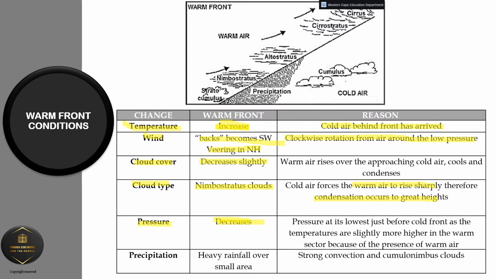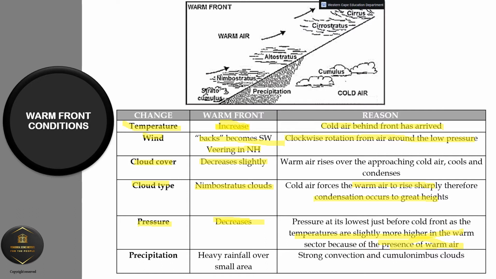And why does pressure decrease? Simply because our pressure is at its lowest because our temperatures are slightly higher in the warm sector because of the presence of warm air. And we know that when our cold front approaches, then we are going to have pressure increasing.